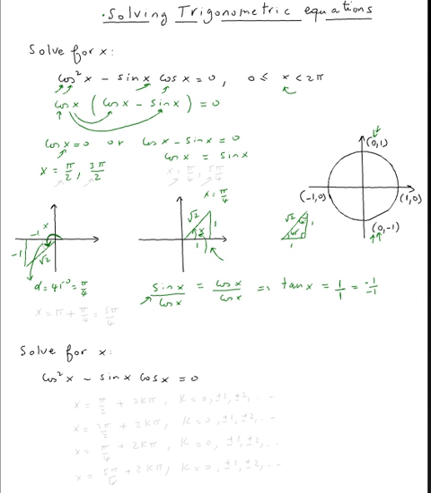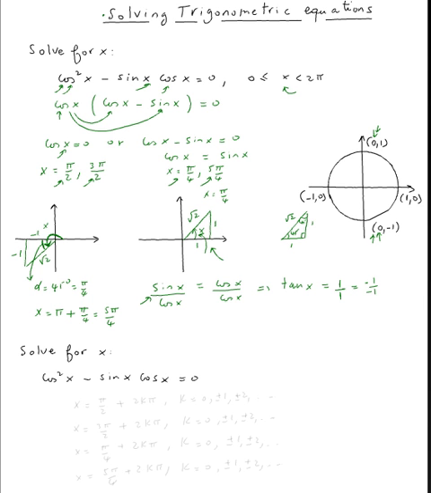X is going all the way from here to here. So it's going to be 180 degrees or pi plus this angle right there, which is pi over 4. And this is 4 pi plus pi, 5 pi over 4. So you go here and you say x is equal to pi over 4 and 5 pi over 4. So we have 4 values for x: first one, second one, third one, fourth one.